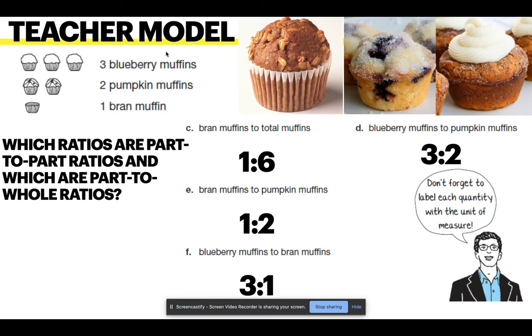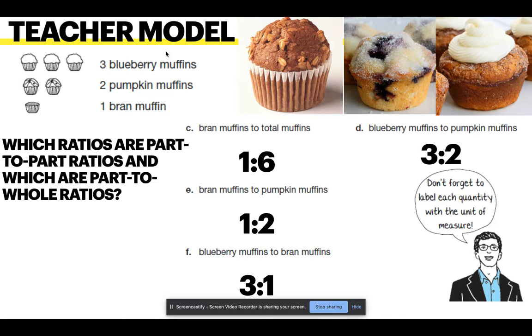But which ratios are part to part ratios and which ratios are part to whole? So I know that part to part, I'm comparing one type or one item to the next item. And I know that part to whole, I'm comparing one item to the total number of items. All right, so let me look.